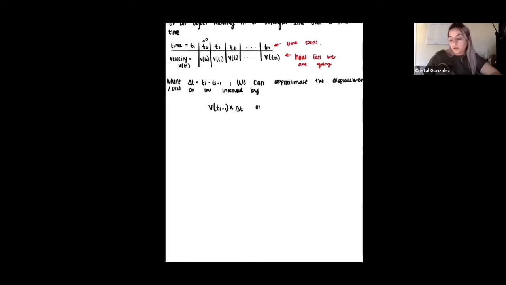Or we could also do it by v of ti times delta t, depending on which one we're using, left or right endpoints. So we can actually do both of them in this scenario.